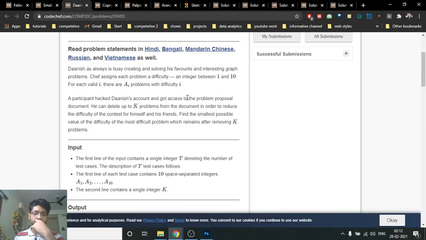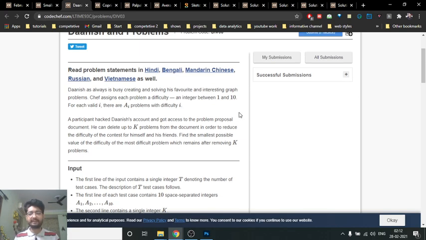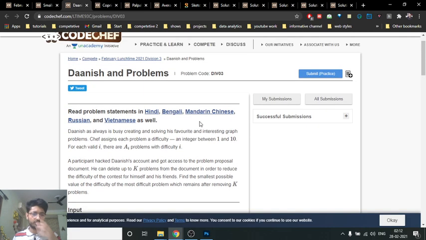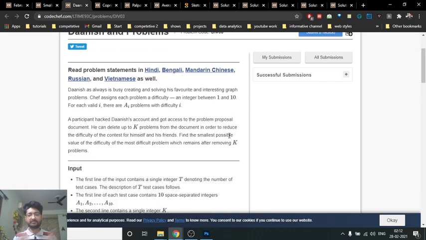Okay, the next problem states that you have different problems with difficulty ranging from 1 till 10. This problem statement is named Danish and Problem. So you have n different problems, and every problem has some difficulty in the range of 1 till 10.